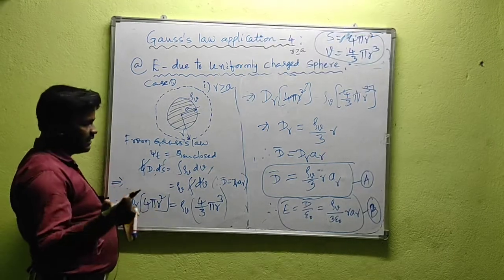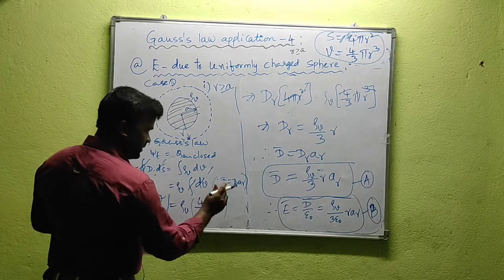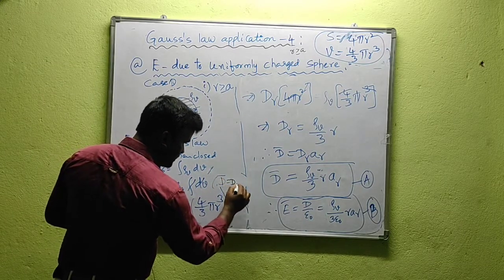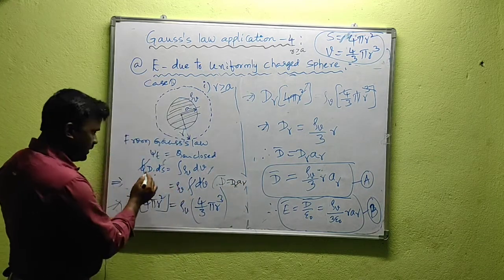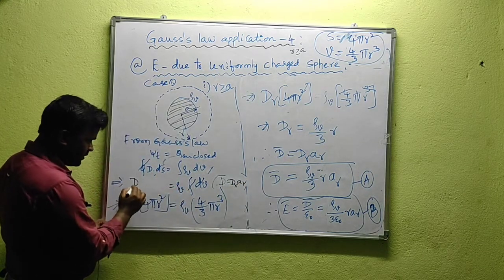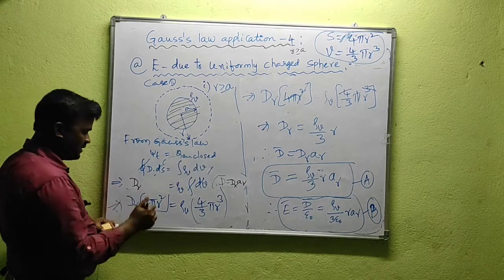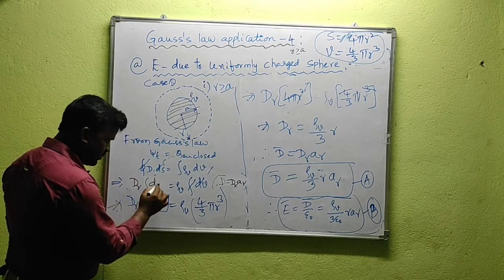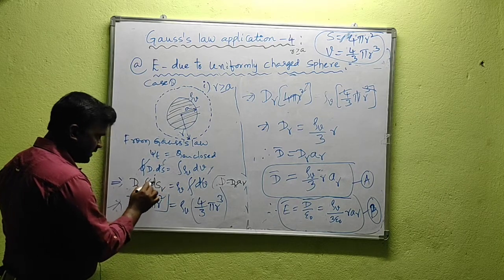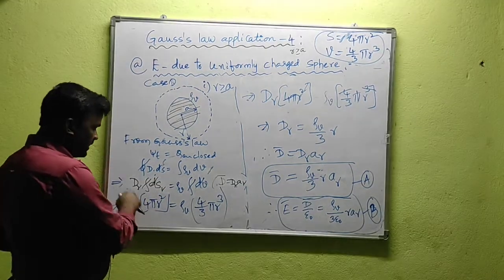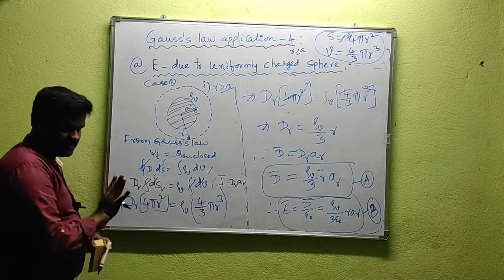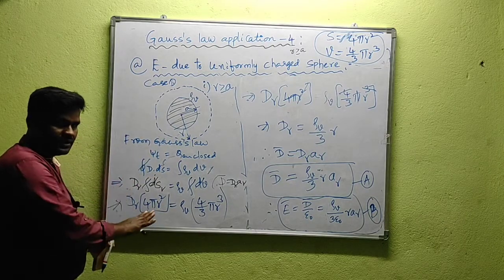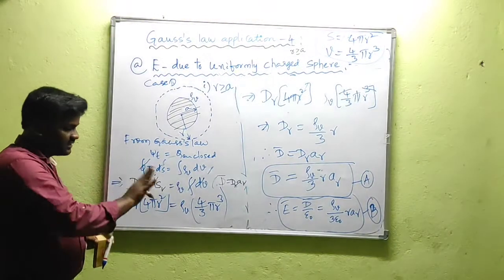In order to apply Gauss law, D should be taken along the r direction, so Dr aᵣ. D comes outside the integration, and the differential surface area normal to r gives the integral of dS, which is 4πr². There is no difference on the left hand side; it is the same as case 1.